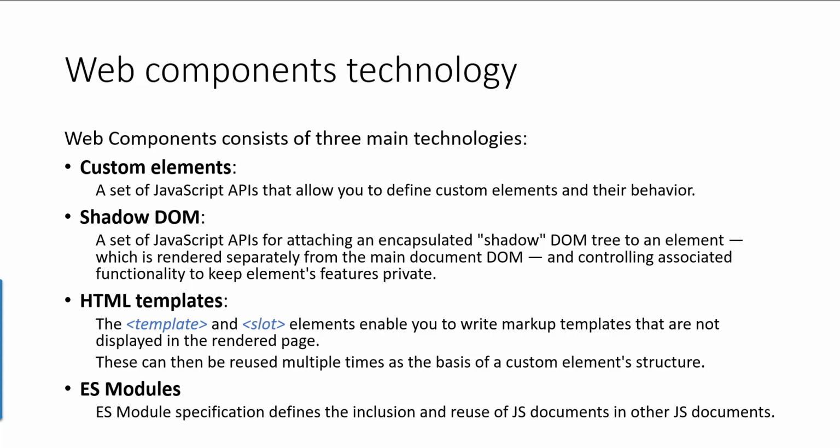Which means you will be creating a JavaScript class, and that class can define all the functionalities that you want to use as a web component. And using a custom element, you can use that class inside your HTML web pages.